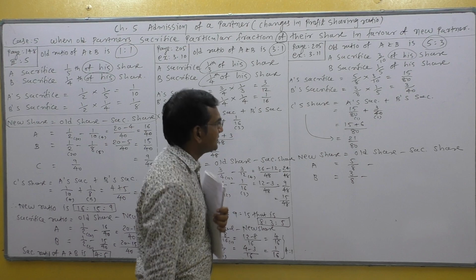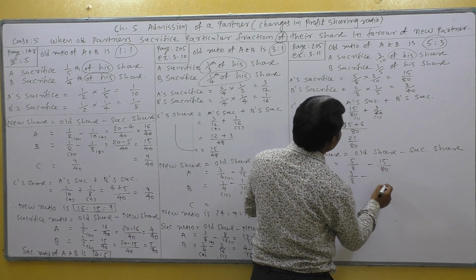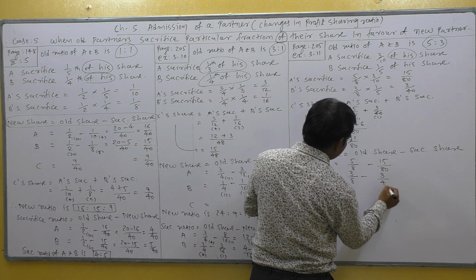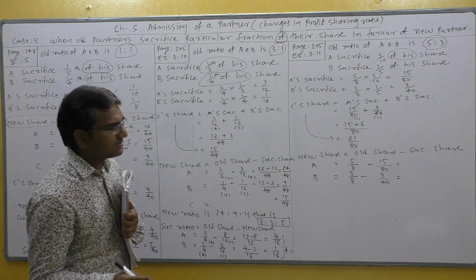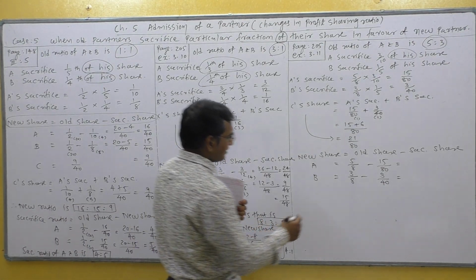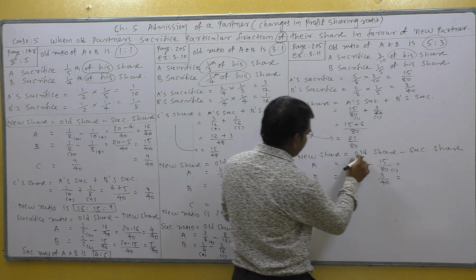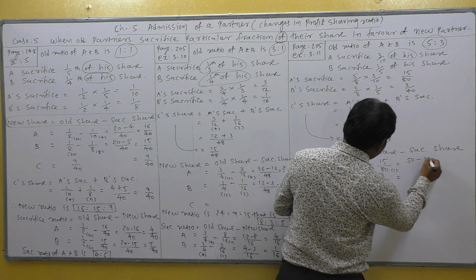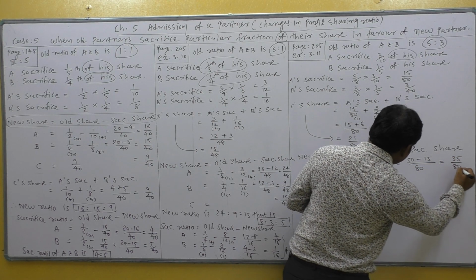Minus sacrifice share. A sacrifices 15 by 80 and B sacrifices 3 by 40. Student, it is advisable to take LCM 80, right? So here 10 into 5, 50 minus 15 divided by 80 is equal to 35 by 80.